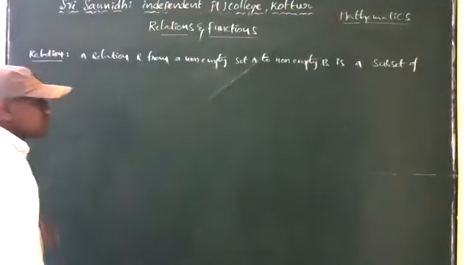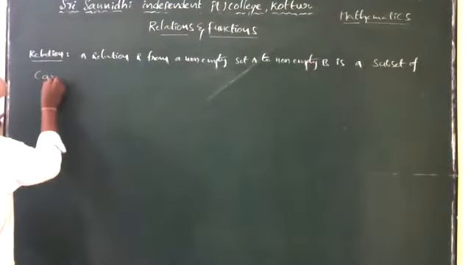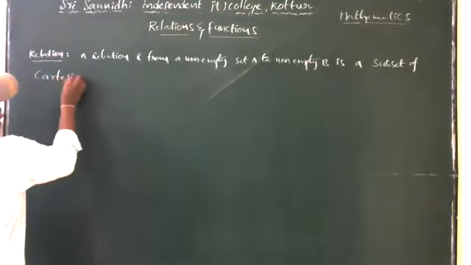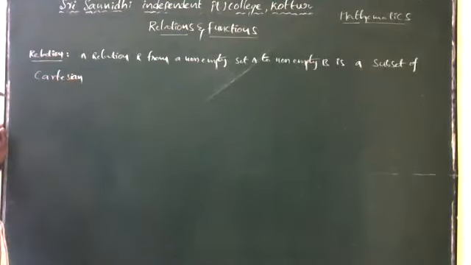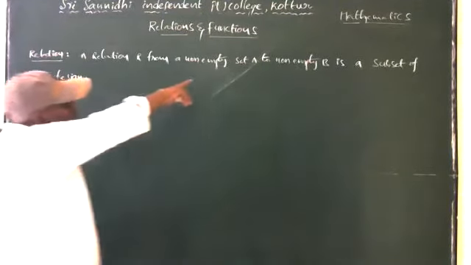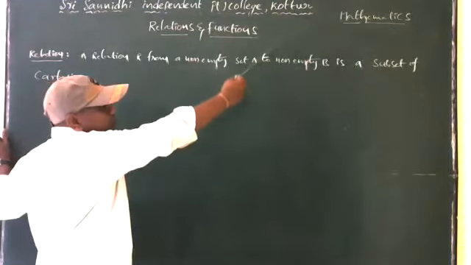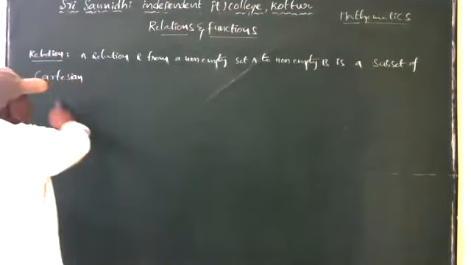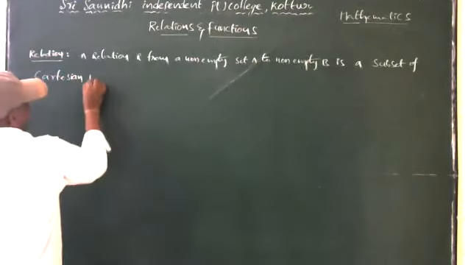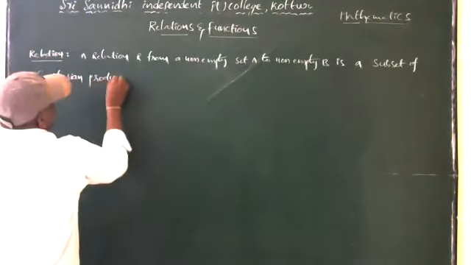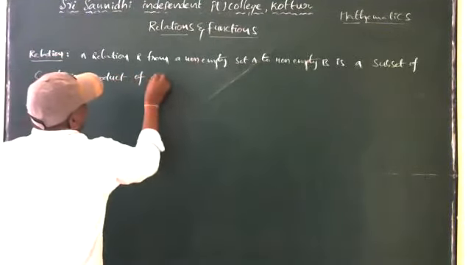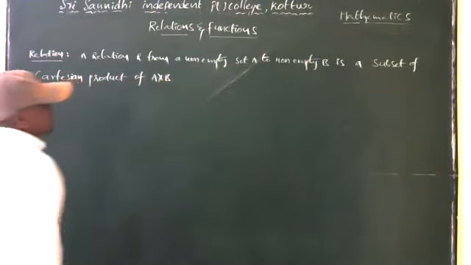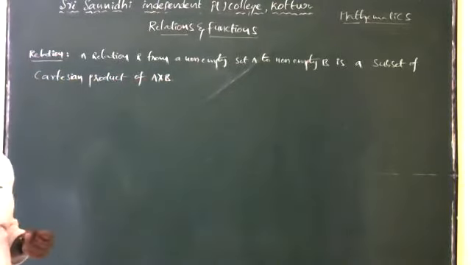Cartesian product. Already you know the Cartesian product of two sets that you studied in the first PUC. So a relation capital R from a non-empty set capital A to a non-empty set B is a subset of the Cartesian product of A cross B. That means relation means what?